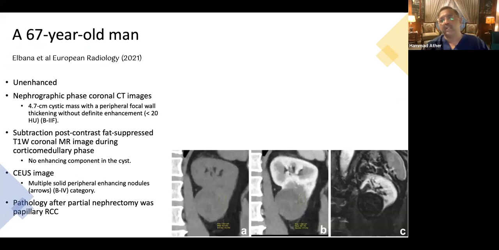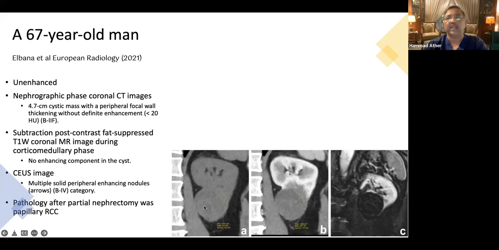Again, very similar to what I've just described in the previous case, a 67-year-old male with an unenhanced CT scan, which has shown a clear, well-circumscribed, solid lesion.